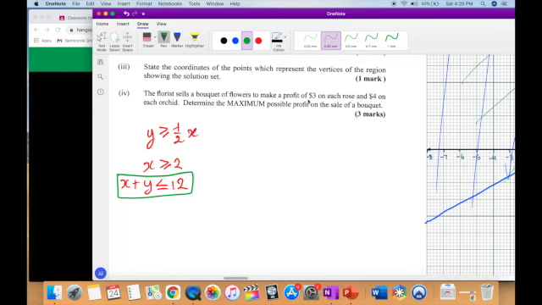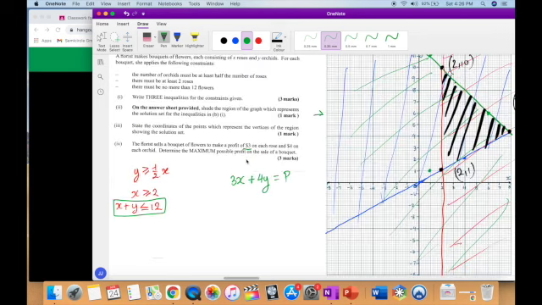To make a profit of $3 on each rose. So when we're talking about a profit now, we're talking about $3 for every rose and $4 for every orchid. And that is the profit that will be made, right? Determine the maximum possible profit on the sale of the bouquet.